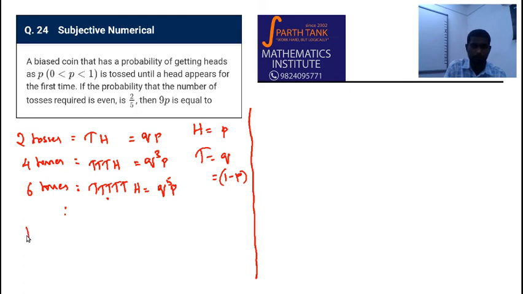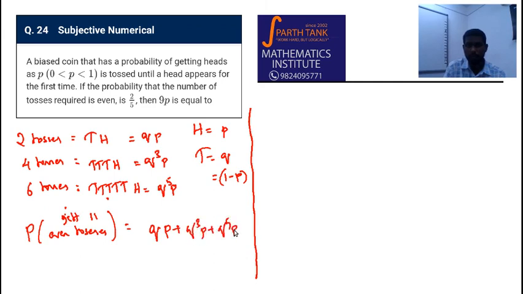So the total probability of getting head in even tosses is QP plus Q cube P plus Q power 5 P and so on. So this becomes P into Q plus Q cube plus Q power 5 and so on.